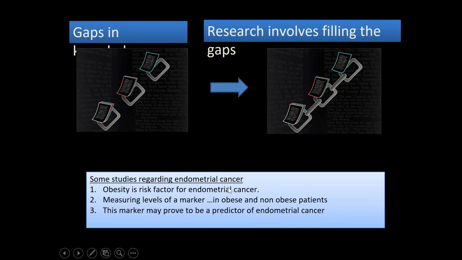First I will see studies where they have looked at the marker levels in obese and non-obese patients. That obesity is a risk factor for endometrial cancer is already well established. Now I plan to see the level of this marker in endometrial cancer patients. And if they are found to be high, we will have a predictor for endometrial cancer. So in high risk women, we can do surveillance with this marker. So that's how it goes.